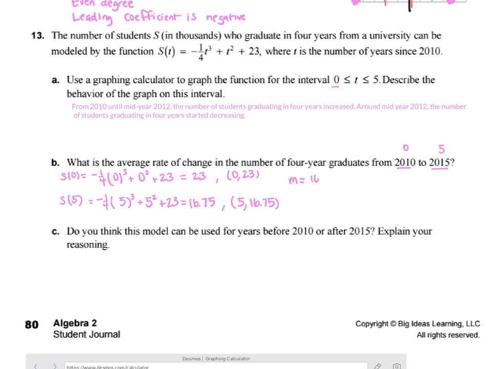So the change in y over the change in x: 16.75 minus 23 over 5 minus 0 is going to equal approximately negative 1.25. The negative rate of change tells us that the number of graduates is decreasing.